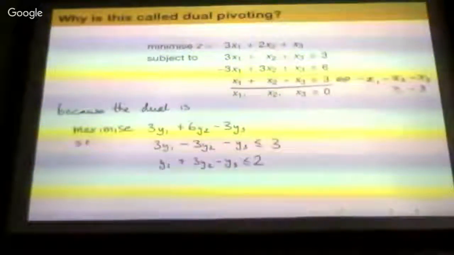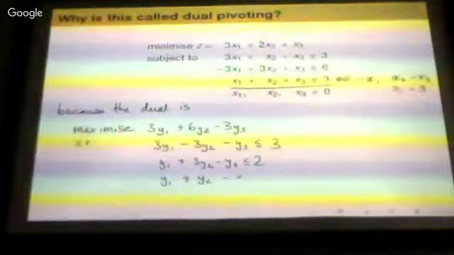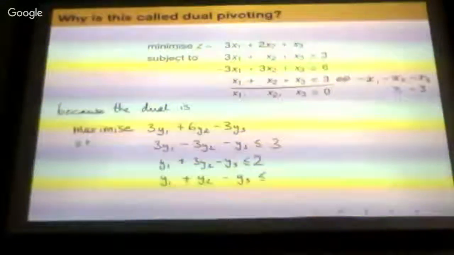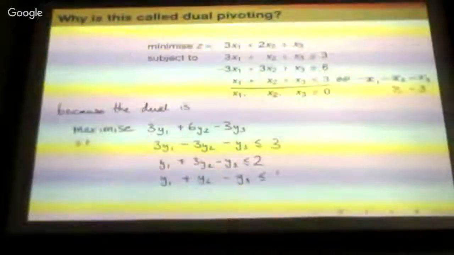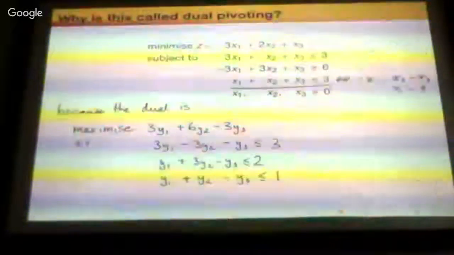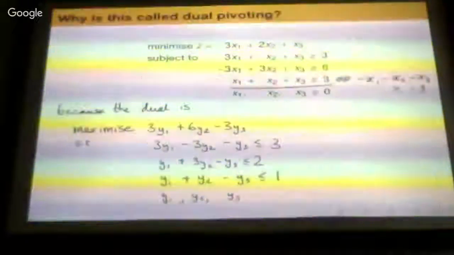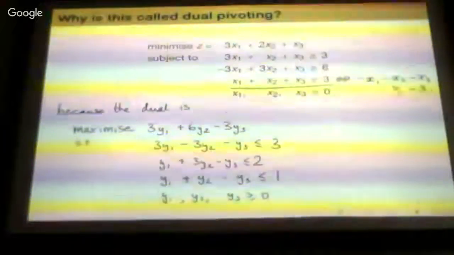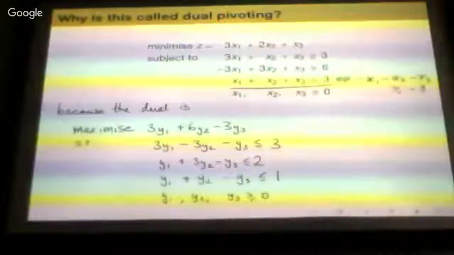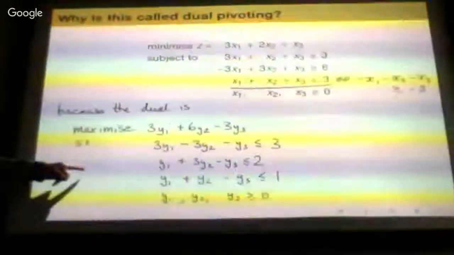So we'll have y1 plus y2 minus y3 less than or equal to, what's the coefficient at x3? 1. Okay, and I want all the y's to be non-negative: y1, y2, y3. Any questions? Easy enough?